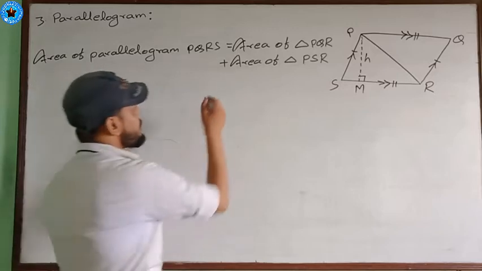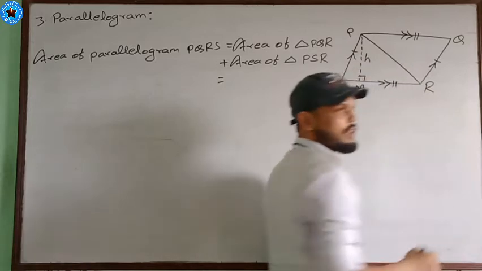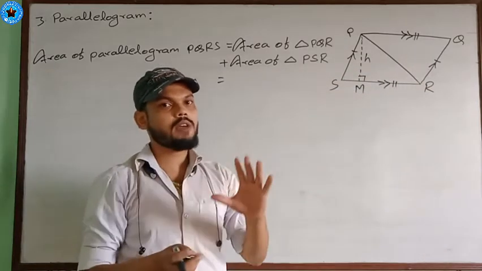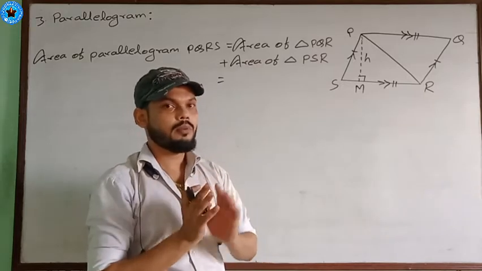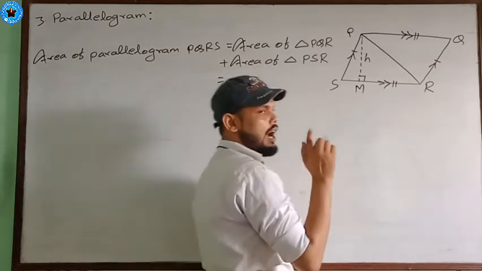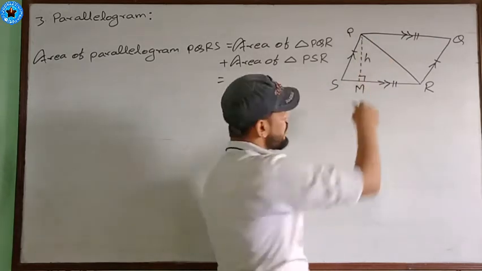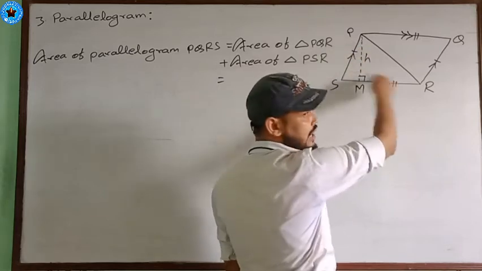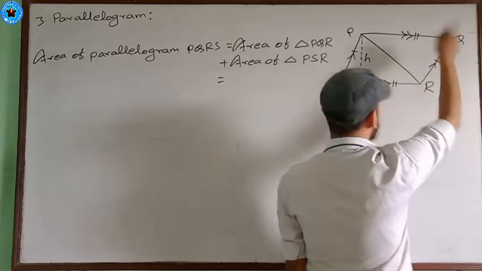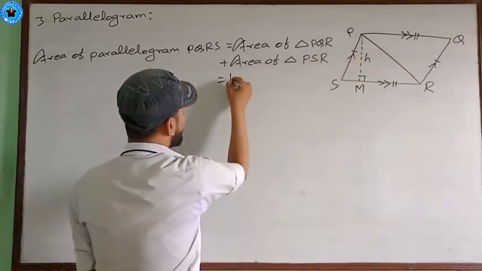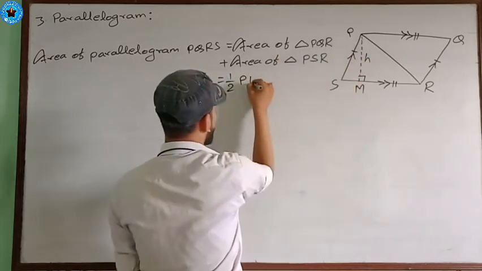Now if we consider the triangle PQR, we have to think which one is the base and which one is the height. We have to be clear about that. I told you that PM is the height for both these triangles, so the height will be the same for this one also. So I will write half times the height, PM.